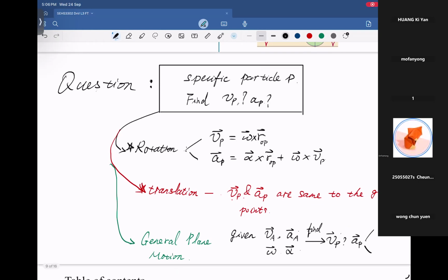The first part is from the translation of the rigid body. The second part is from the rotation of the rigid body.